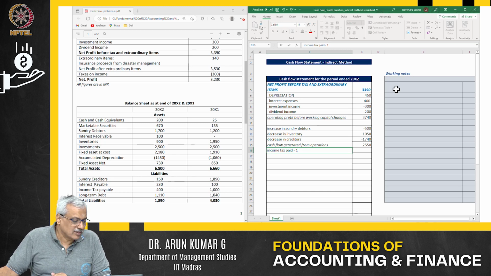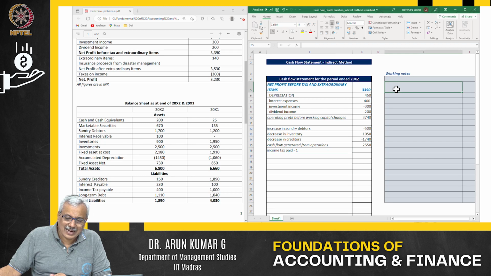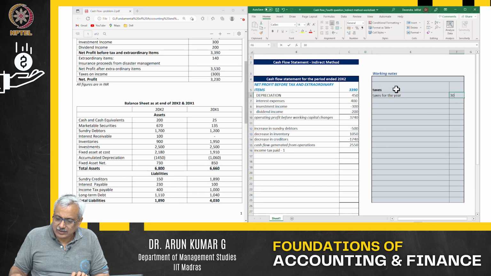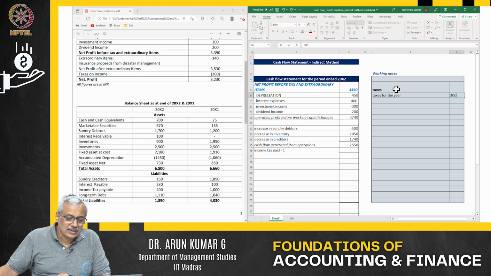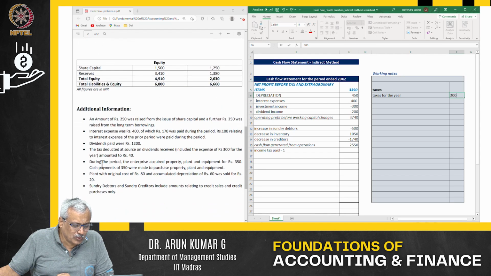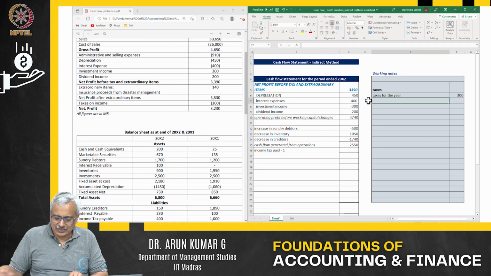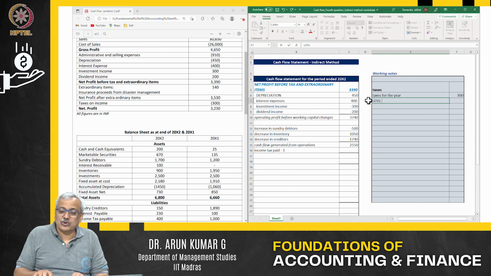In this case, what happens out here? Taxes. Taxes for the year, $300. This $300 includes tax deducted at source of $40. So first, to find out the cash outflow, let me deduct the tax deducted at source.